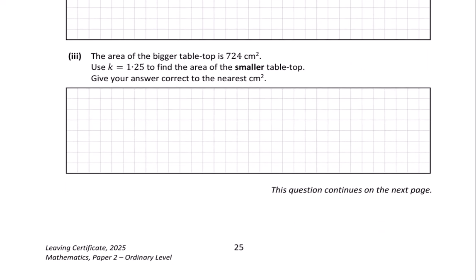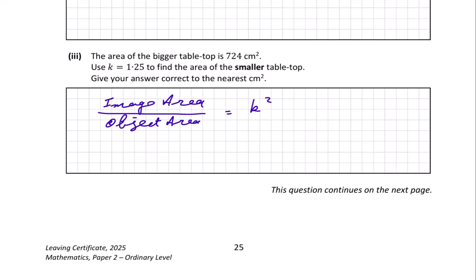The area of the bigger tabletop is 724 square centimeters. Use K is equal to 1.25 to find the area of the smaller tabletop. Give your answer correct to the nearest centimeter. What you've got to remember here is that the image area divided by the object area is actually K squared.